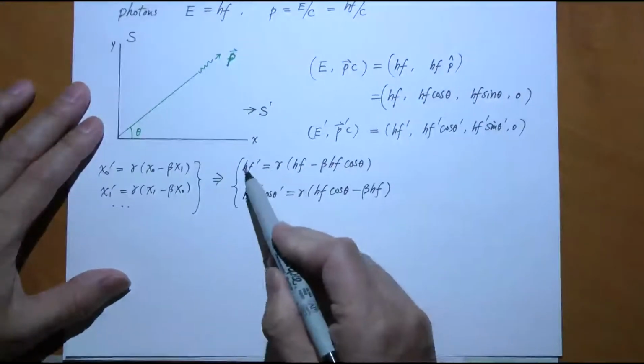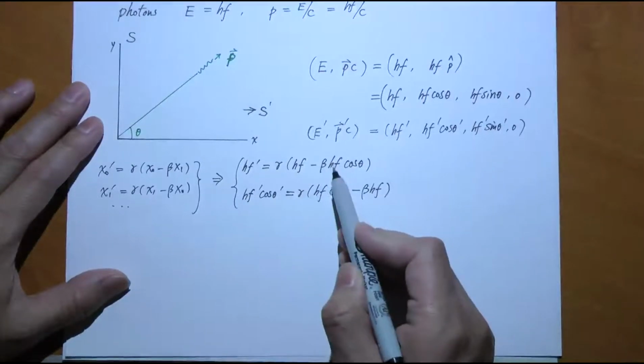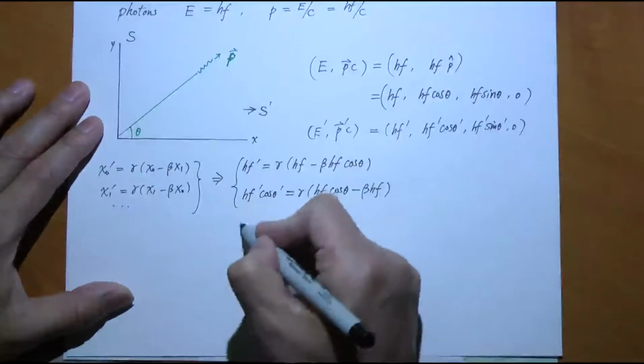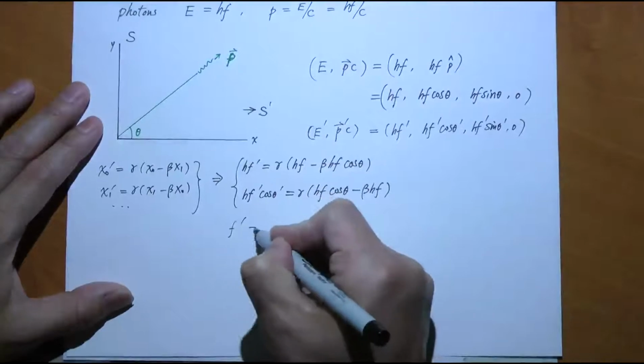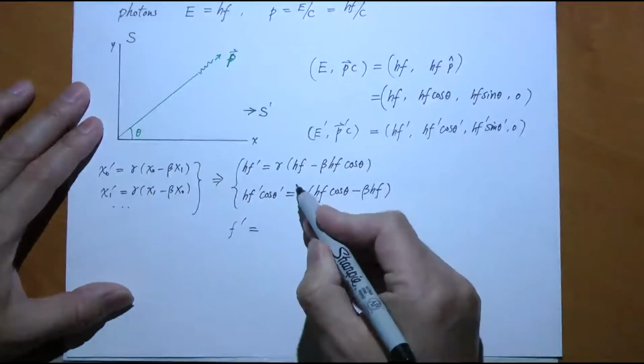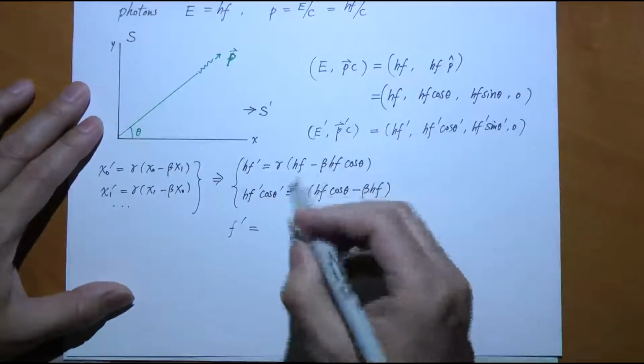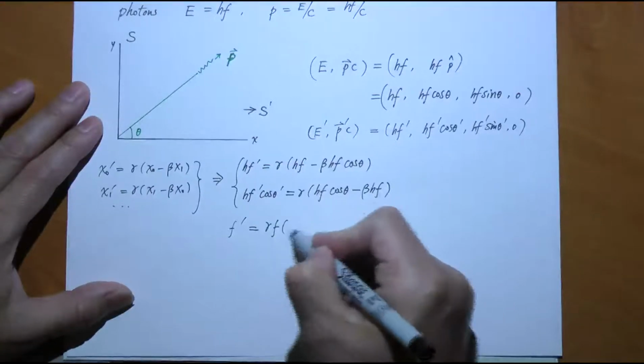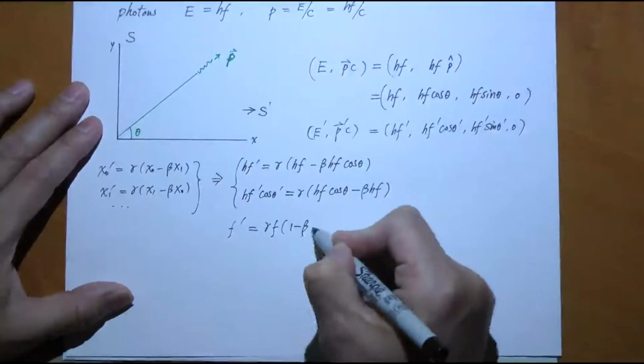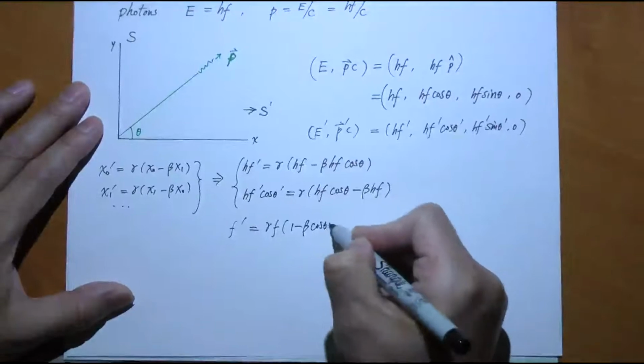In fact, all we have to do is cancel out the quantity h, and you have for yourself F prime equals gamma times F times (1 minus beta cosine theta).